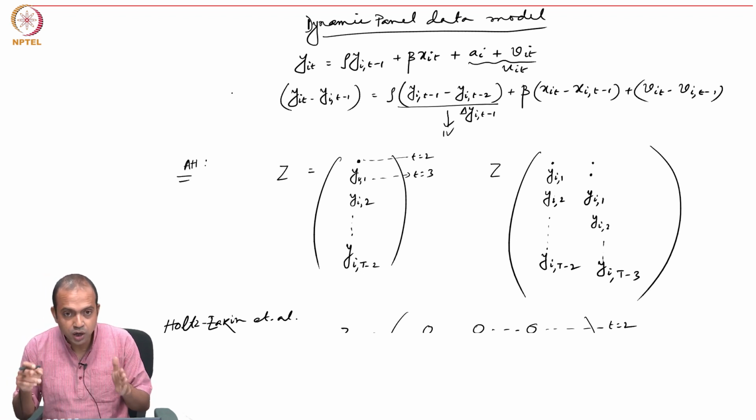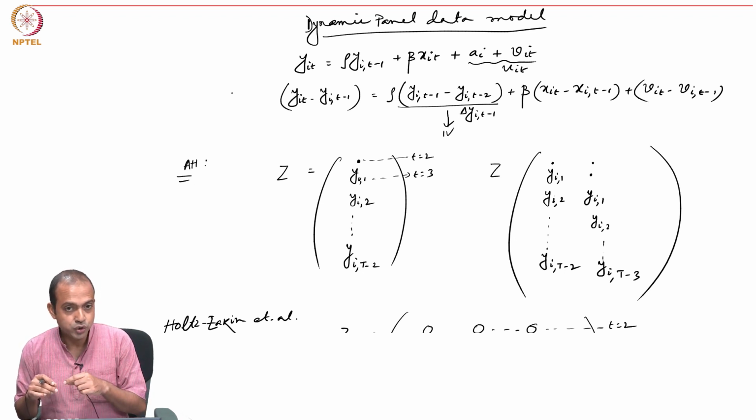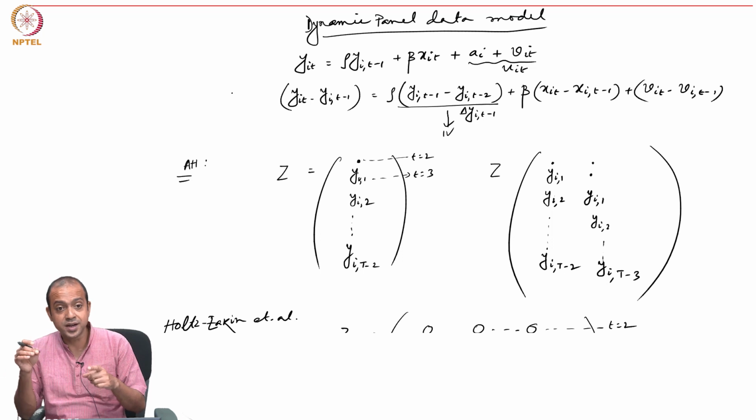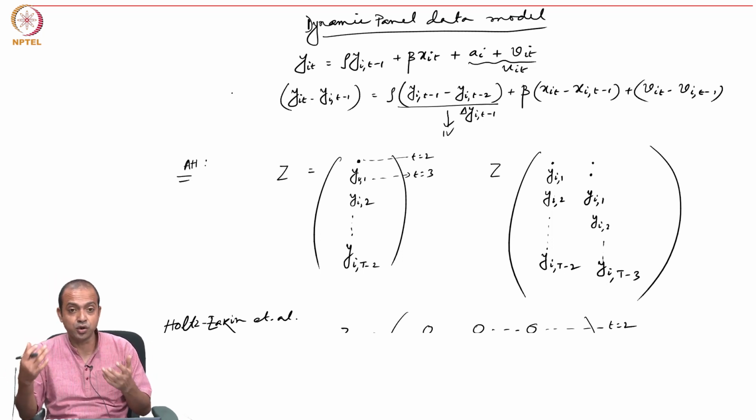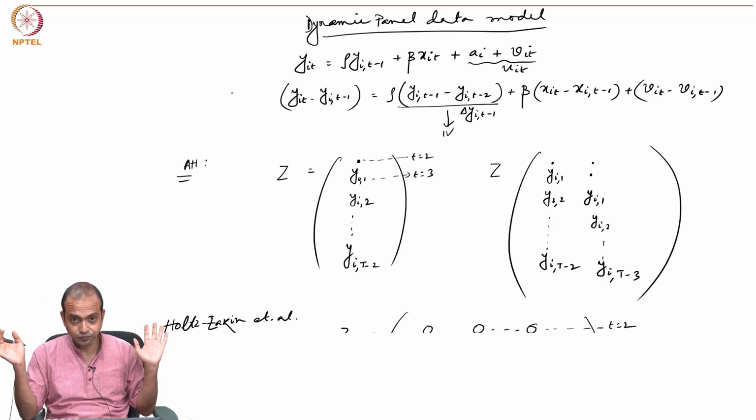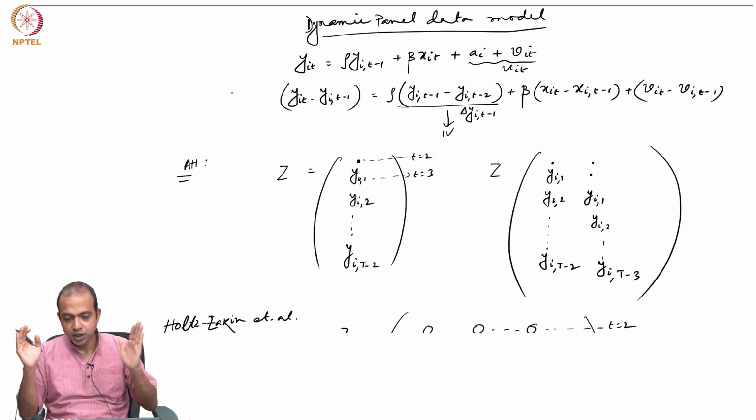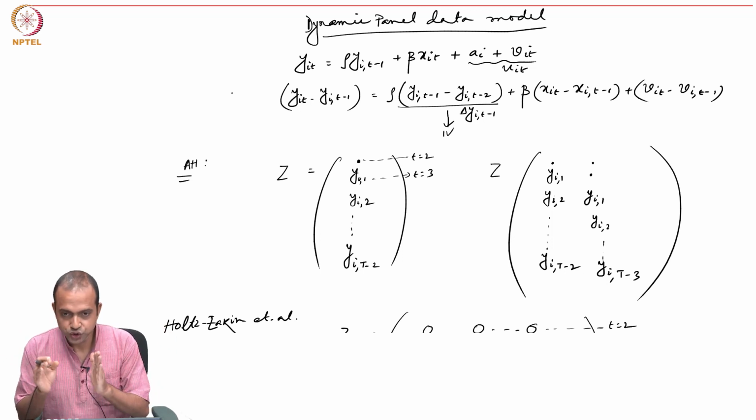So, AR1 should be there in the system, but not AR2, and we should not be happy if even AR1 is not there, because the moment AR1 is not there, you should understand that this model is not at all dynamic in nature. Okay, that was the situation.